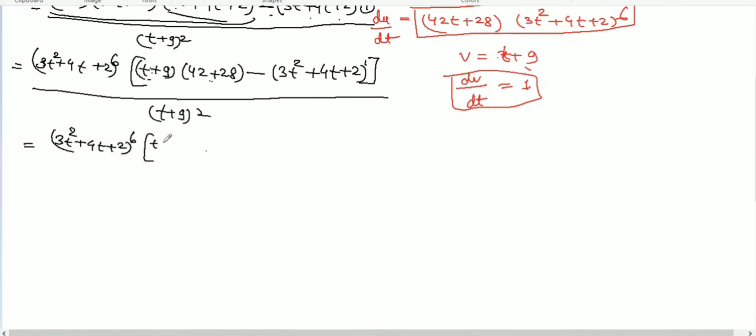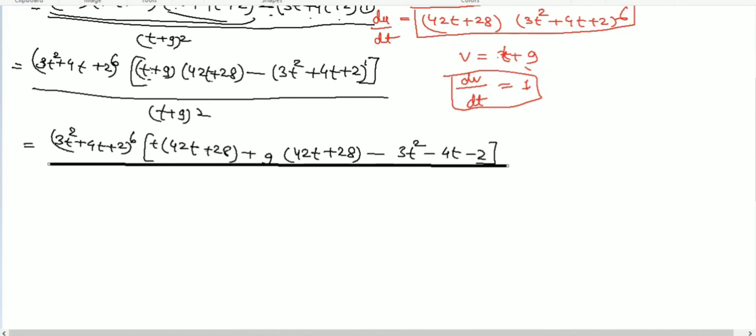Write down this t, and we are going to multiply by 42. Here I left it, t, 42t plus 28, and then plus 9 multiplied by 42t plus 28, and then minus we have 3t square. We can open the bracket here, so minus 3t square minus 4t minus 2, and close the bracket. T plus 9 whole square.